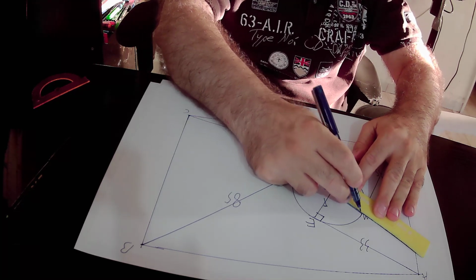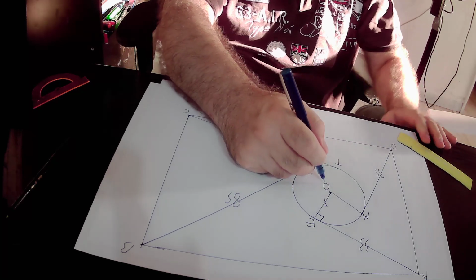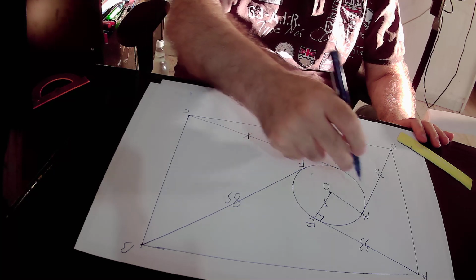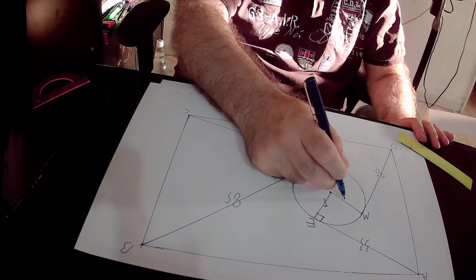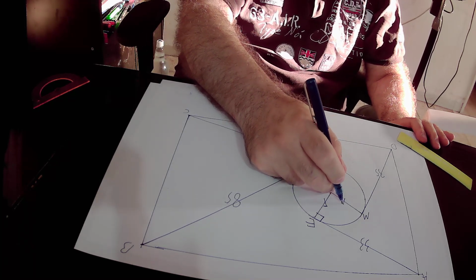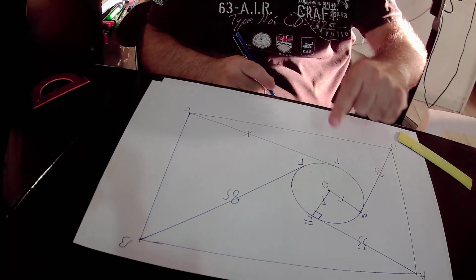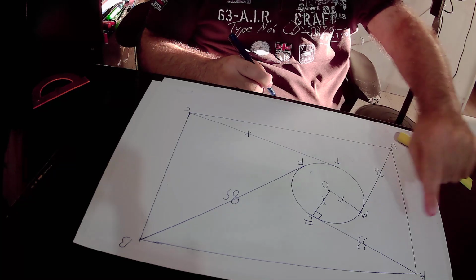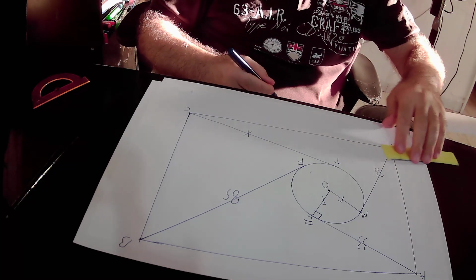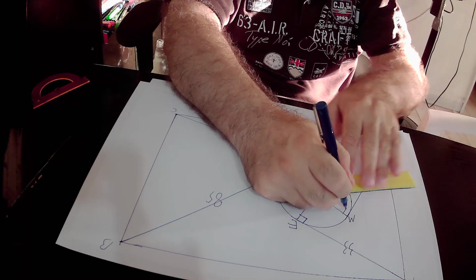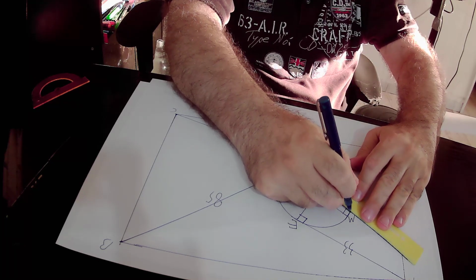Point O is the center of the circle, point M is the point on the circle itself. Therefore, OM is the radius of this circle that is equal to R. And again, we have the radius OM that is drawn to the point of tangency, therefore according to rule number 1, this angle will be equal to 90 degrees.